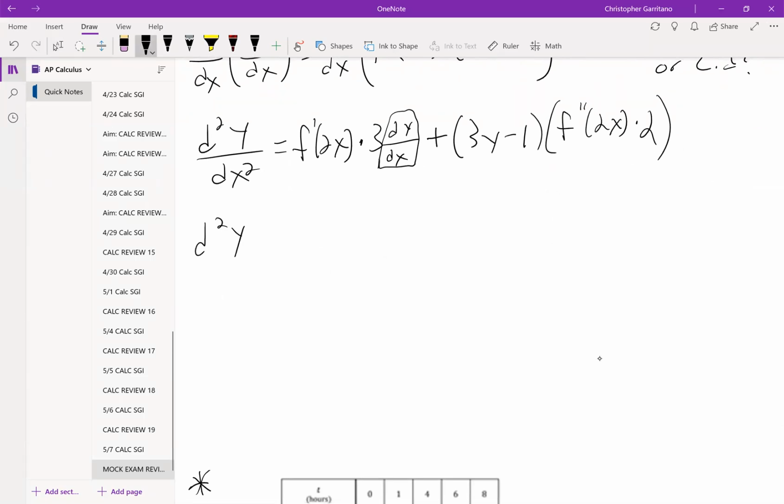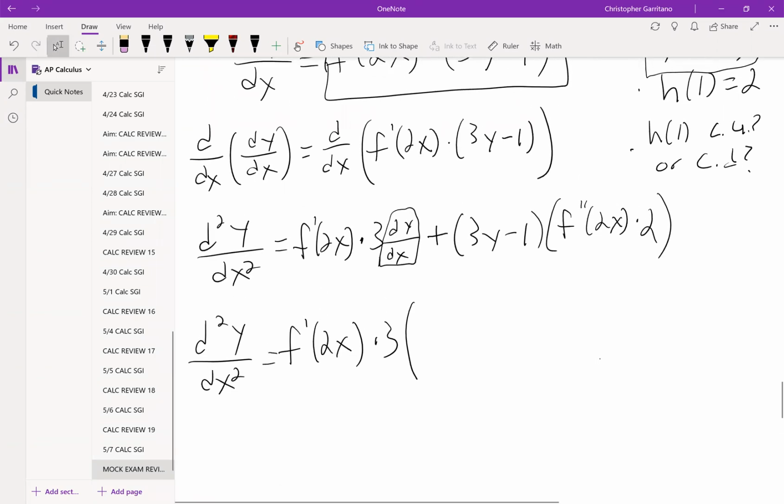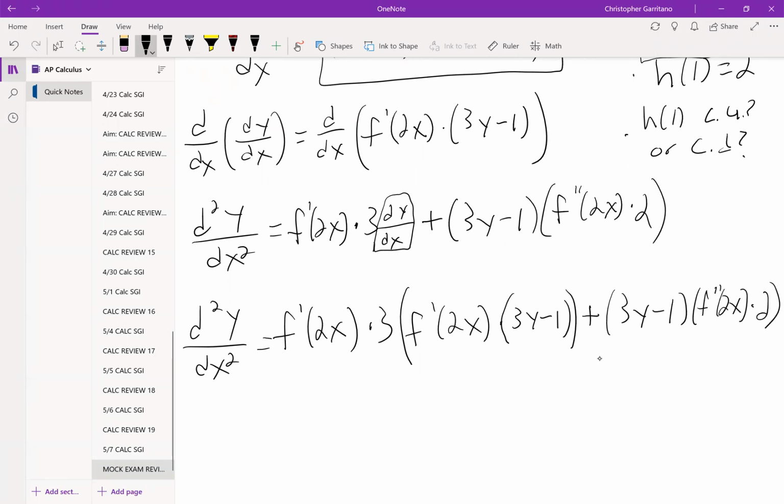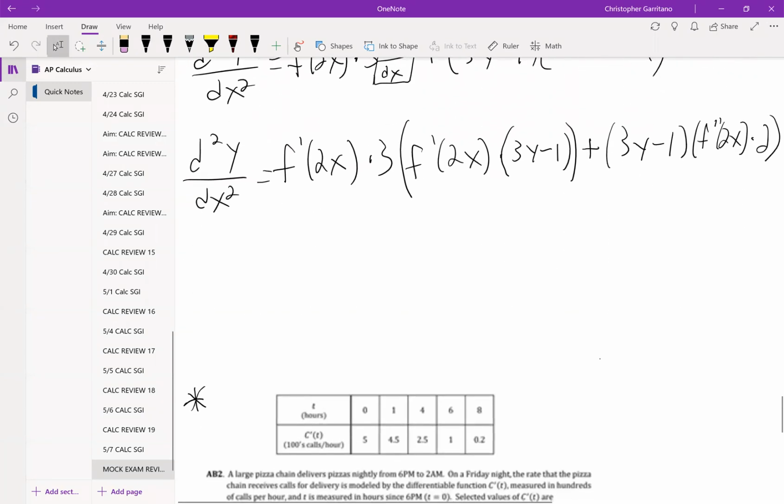So d squared y over dx squared is equal to f prime of 2x times 3, now we have the original function, which is f prime of 2x times 3y minus 1, plus 3y minus 1 times f double prime of 2x times 2. All right. And now all we have to do is plug in x equals 1.